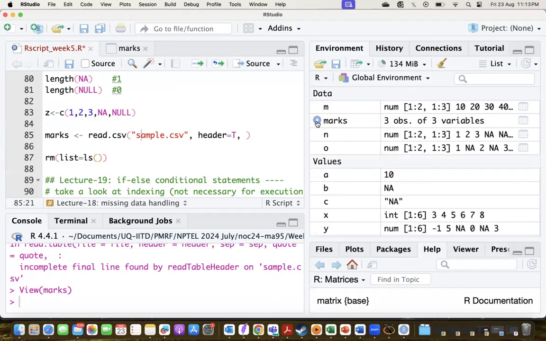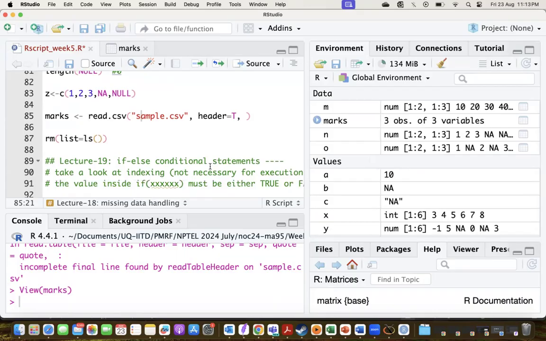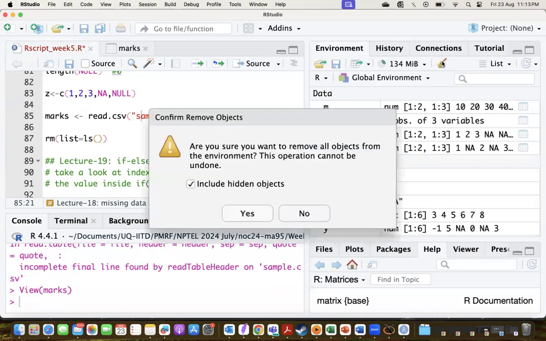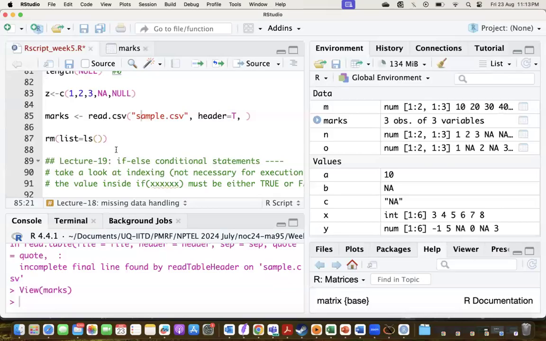All of these variables that we have defined here, we are not going to use in the upcoming discussion. So we can remove them, right? There are a few ways of removing them. The easiest way if you're working in RStudio is of course this broom right here. If I click it, it's going to ask, are you sure you want to remove it? But a more R-appropriate way of doing it is using rm. And inside I'm going to feed it everything.